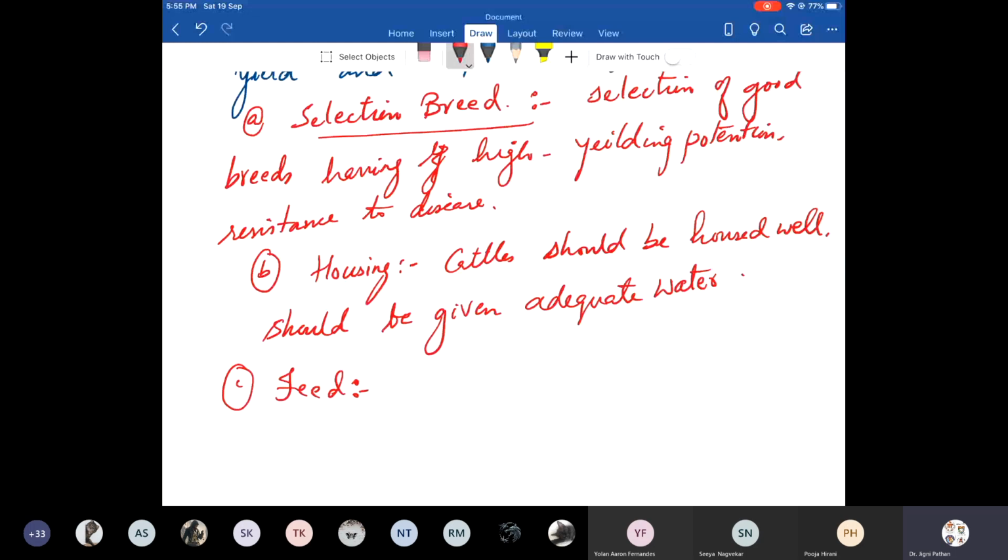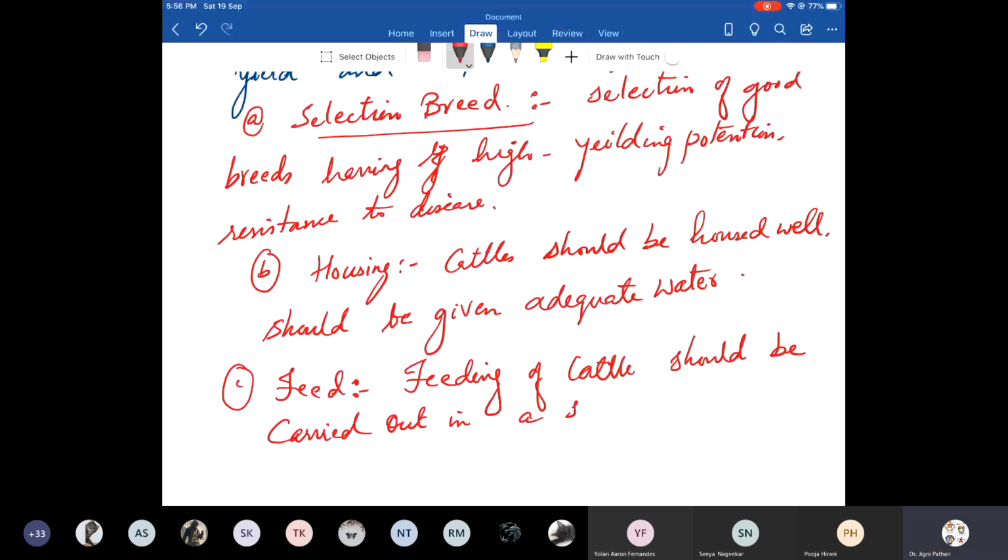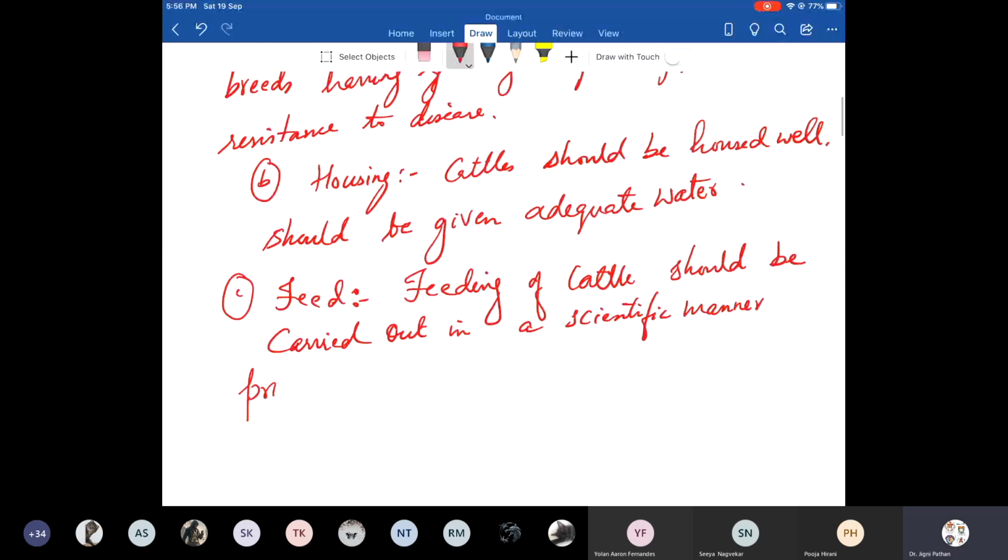Feeding of cattle should be carried out in a scientific manner, providing quality and quantity of fodder. This chapter is important, my dear students. This chapter, then the cattle chapter and then the biotechnology chapter are very important. Questions will be from here.